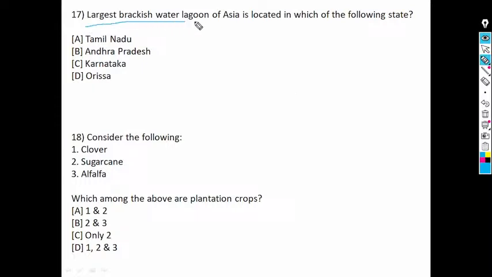Then, the largest brackish water lagoon in Asia is located in which of the following states: Tamil Nadu, Andhra Pradesh, Karnataka, and Odisha? Of course, it is none other than our Chilka Lake in Odisha. Next, consider the following: clover, sugarcane, alfalfa. Which among the above are plantation crops?